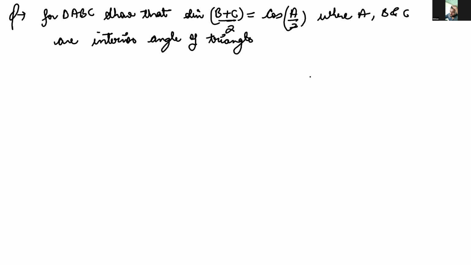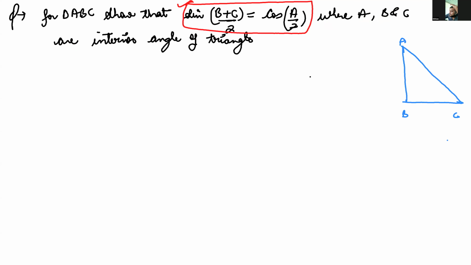Now listen, guys. We have to show that sine of (B plus C upon 2) is equals to cos A by 2, where A, B, C are interior angles of a triangle. Interior angle of a triangle means like this. Like this is a triangle. It is A, B, and C, and these are the interior angles of a triangle.